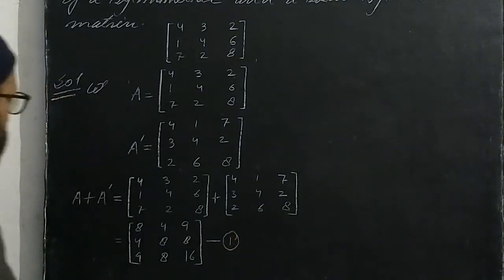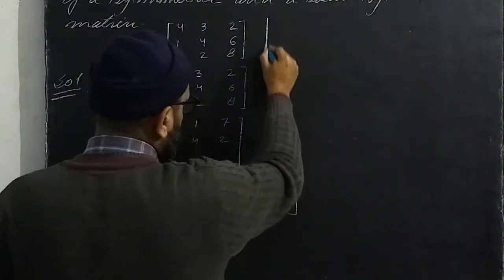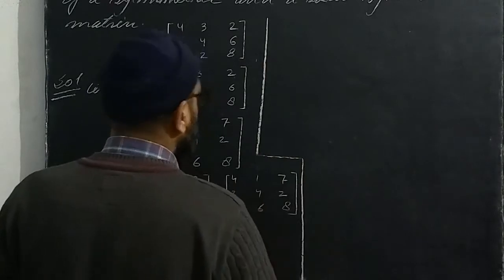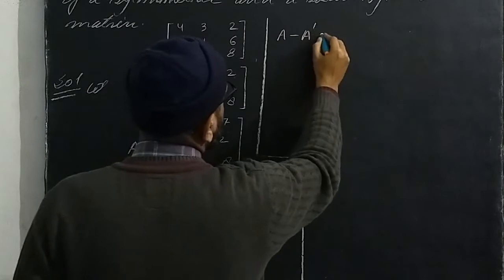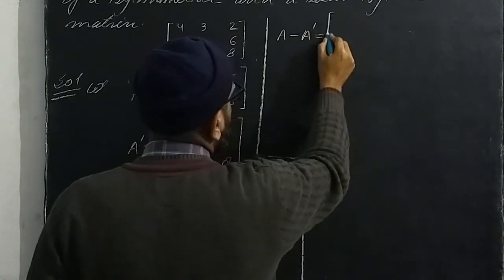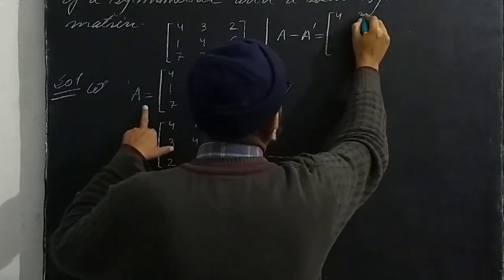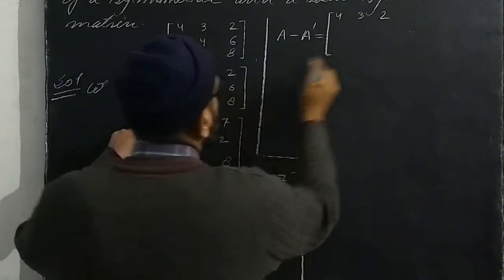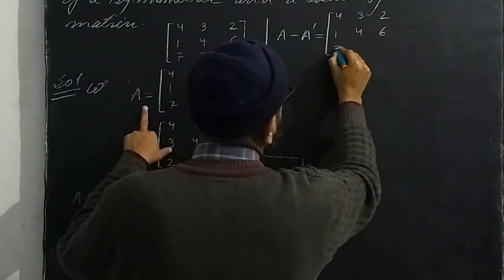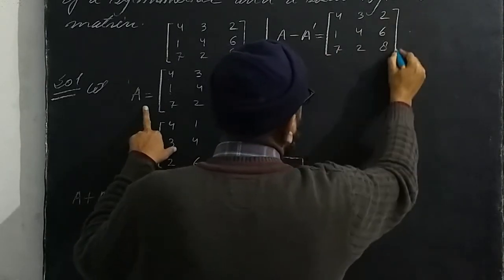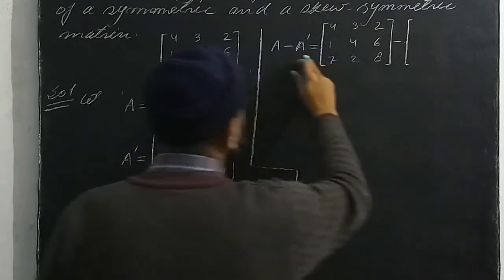Then we find the difference of these two. So A minus A dash. So A is 4, 3, 2, 1, 4, 6, 7, 2, 8, minus A dash.